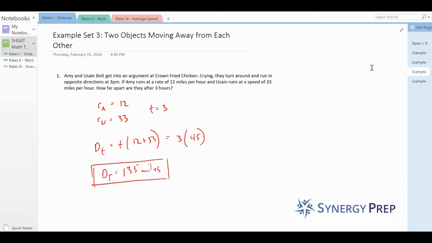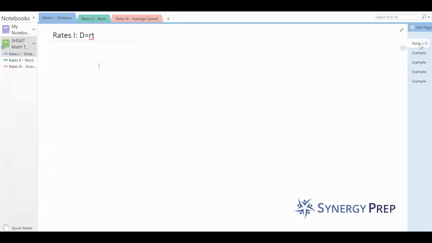The final question type I like to call the tortoise and the hare question. If you remember Aesop's fables, you have a tortoise and the hare racing. The hare falls asleep and wakes up only to see that the tortoise has a bit of a head start, races after the tortoise, and loses the race.